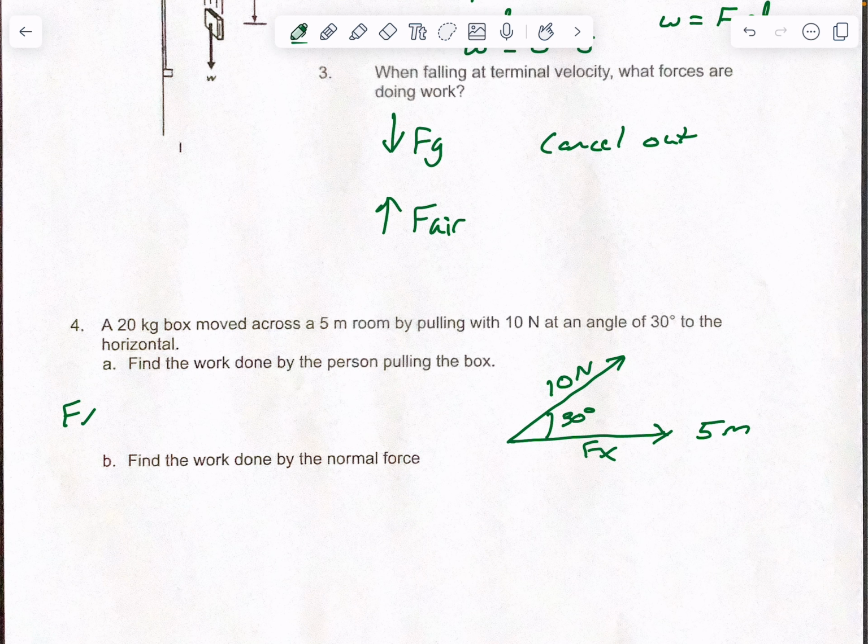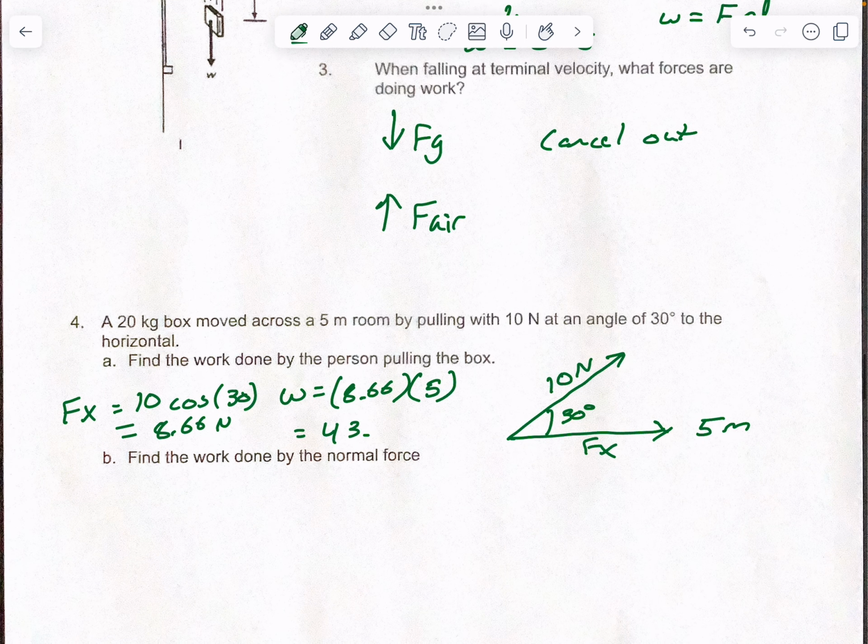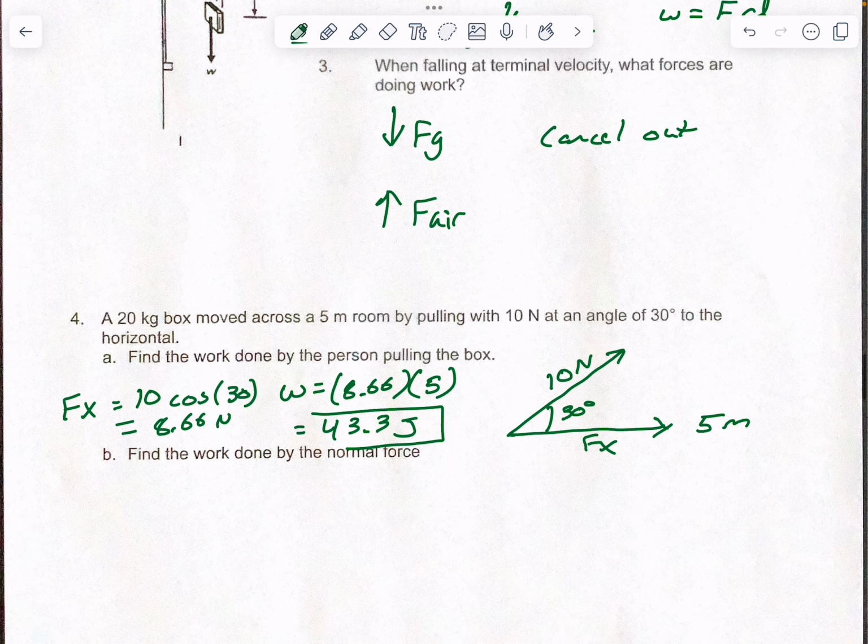So Fx equals my hypotenuse, 10 times cosine of 30. That means 8.66 newtons is actually going in the horizontal direction. So now I can do work equals force times distance. So 8.66 times 5, and I get 43.3 joules.